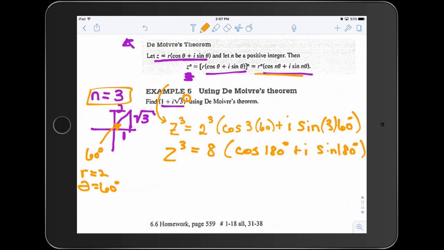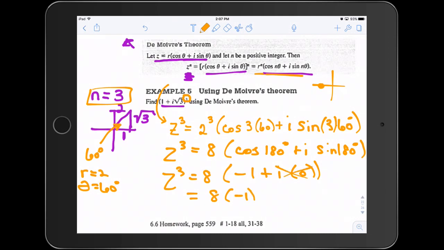Now, cosine at 180 is going to be -1, plus i times the sine of 180, which is 0. What's beautiful is you end up with 8 times -1, because 0 times i is 0. So this number cubed is going to give me -8.